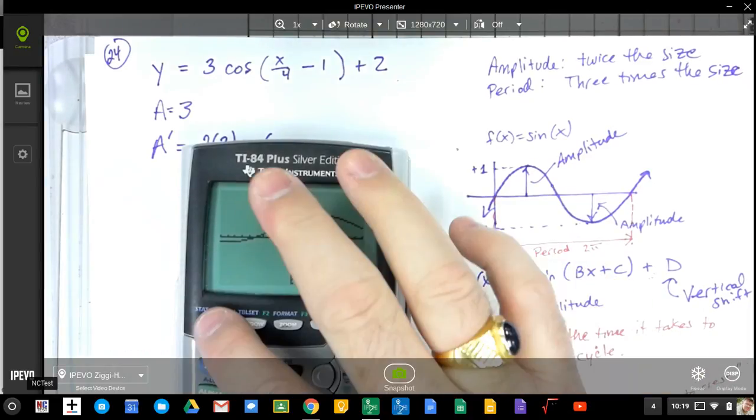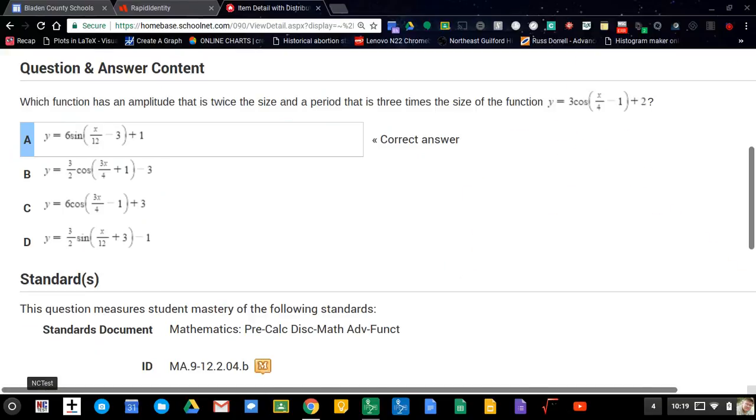So guys, let's go back to our graph. We've already ruled out B and D as valid choices, so I only need to type in the other two functions. On the next line under y2, we're going to type y equals 6 times the sine of (x over 12 minus 3), plus 1.